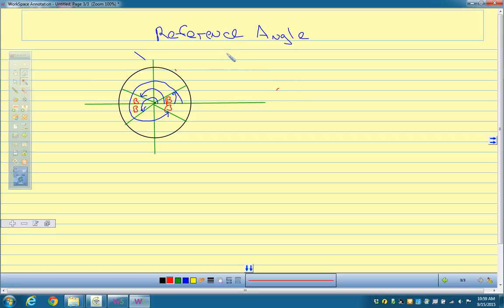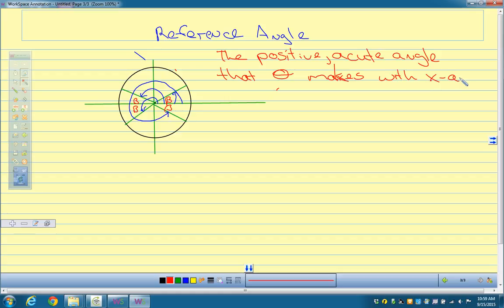So the reference angle is the positive, it's positive, and it's acute angle that, well, we'll just call it theta, makes with the x-axis.